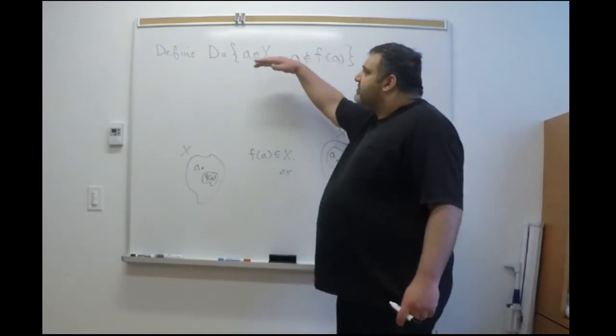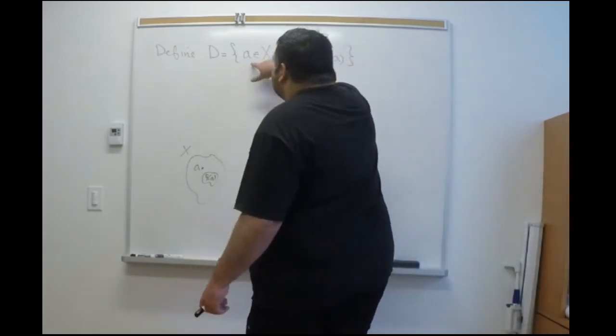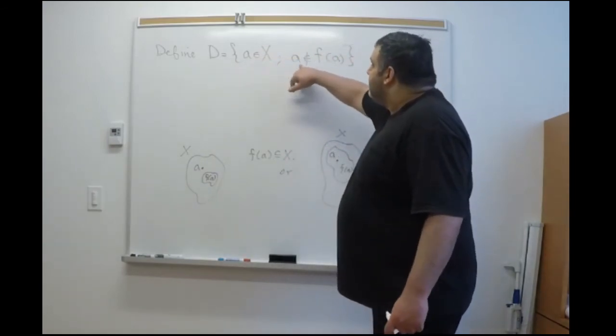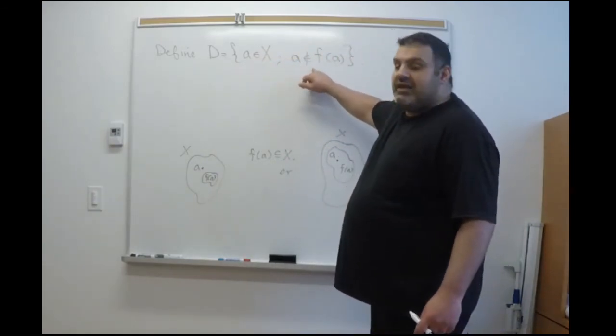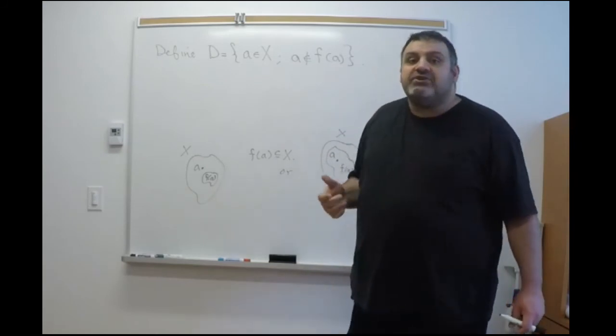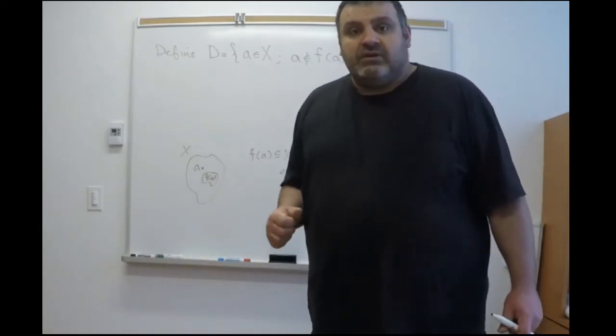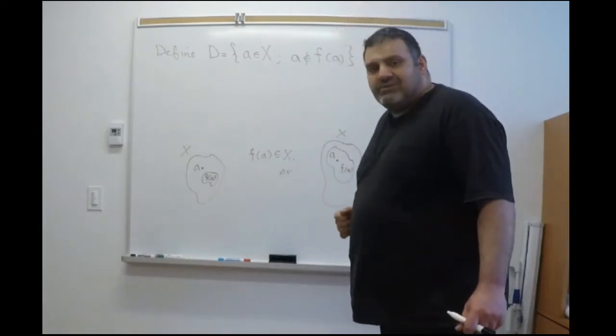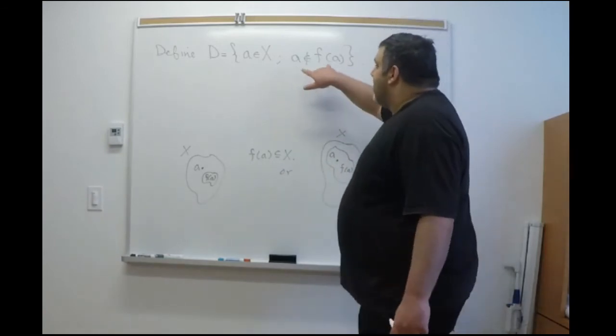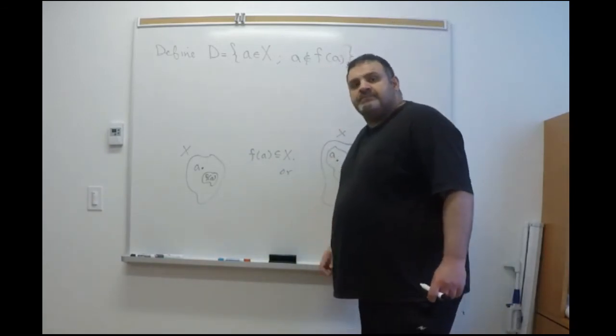The construction of D is the set of all x such that the input doesn't end up in the subset given by f evaluated at that input. So A is not an element of f of A, okay?